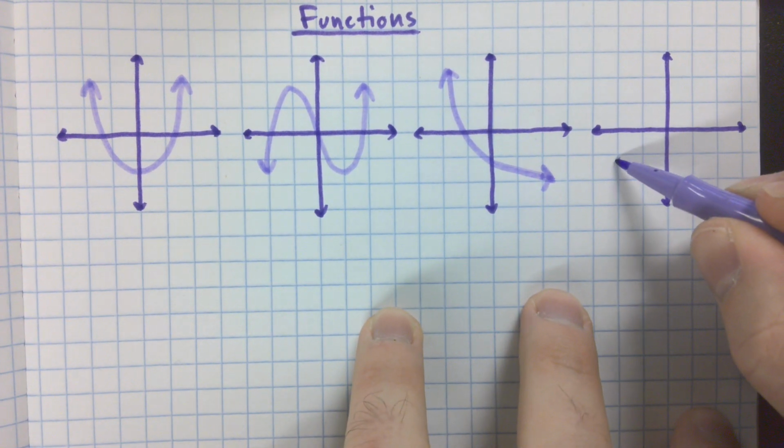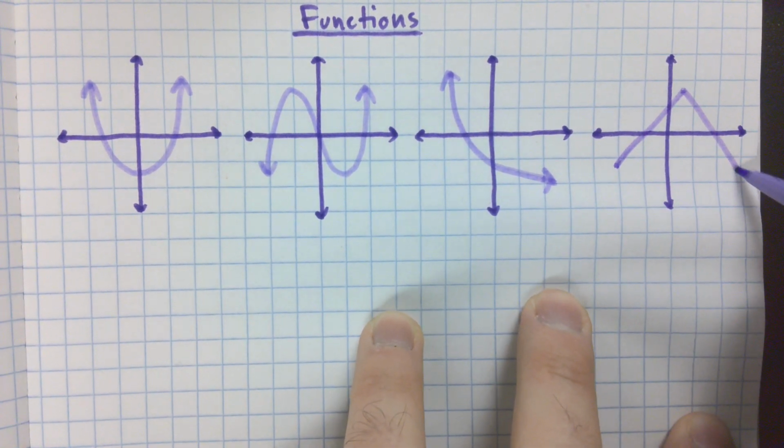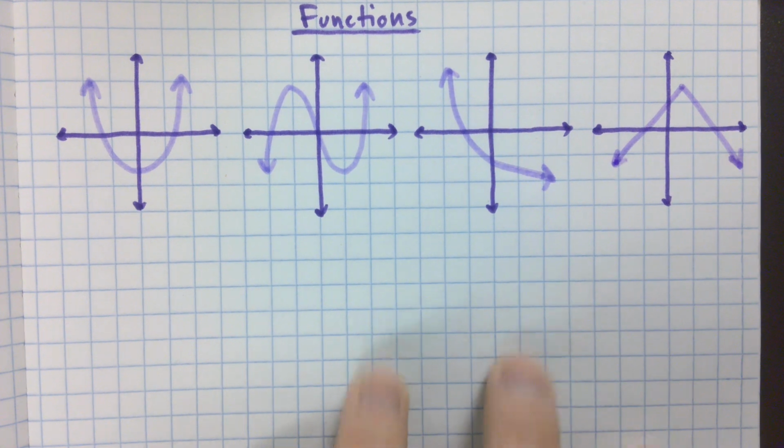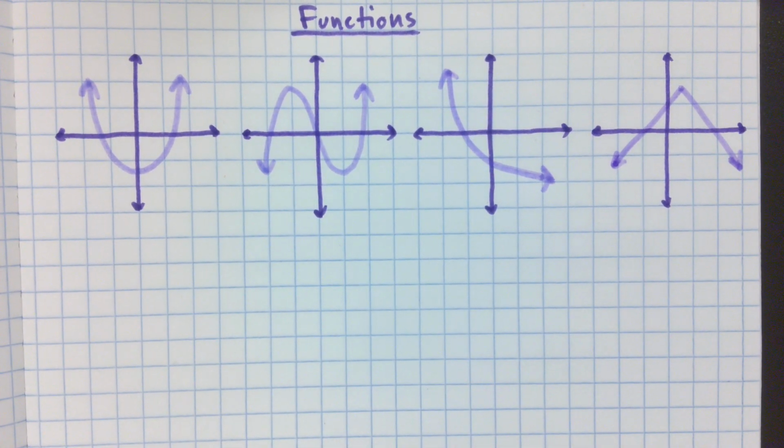And we could have something like this. Just an absolute value function. It looks like a V or a pyramid or a triangle without a bottom. Now you may be wondering, how do I graph these? How do I plot these points? Good news, it doesn't matter.